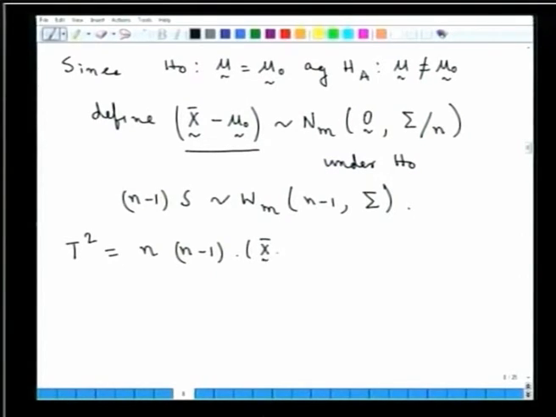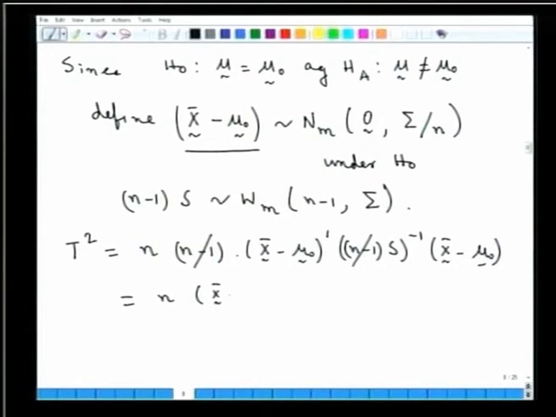So it's (x bar minus mu naught) transpose, then the Wishart distribution's inverse, (n minus 1) S whole inverse, times (x bar minus mu naught). So what we see is that this n minus 1 term cancels with this one, and what we have is this n times (x bar minus mu naught) prime S inverse (x bar minus mu naught) in a neat form.